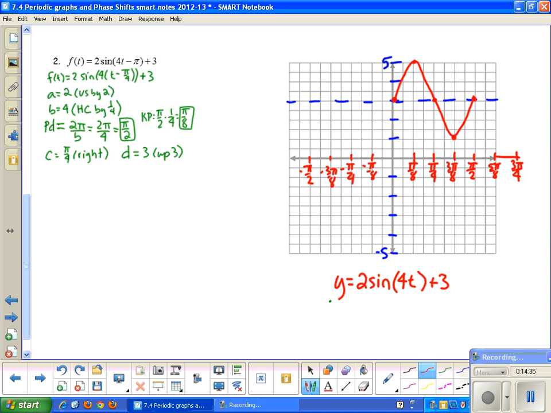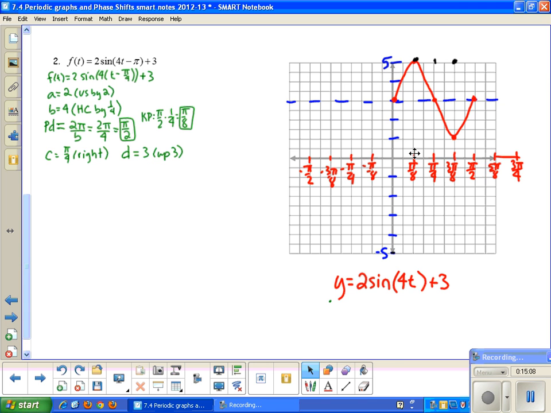However, remember, in this graph, we shifted it to the right pi over 4. So this is not my final graph. That means that I need to take each of these and shift them over a distance of pi over 4. Well, if you look at your key points, notice your key points are going by pi over 8. Pi over 4 would be the distance from here to here, which is 2 key points. So that means I'm moving my graph over by 2 key points. So this value right here would move over to not here, but right to there.